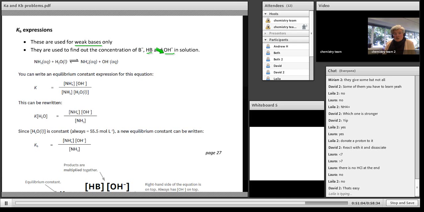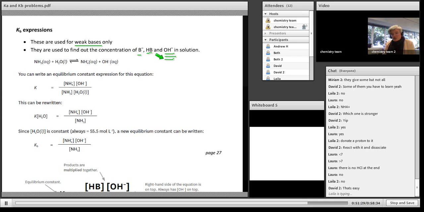We can use it to work out the hydroxide concentration. So remember that iron hydroxide one we had with solubility. I doubt that they would ever merge the two together and make you put iron hydroxide into a weak base solution. That's highly unlikely, but I'm using that as an example.